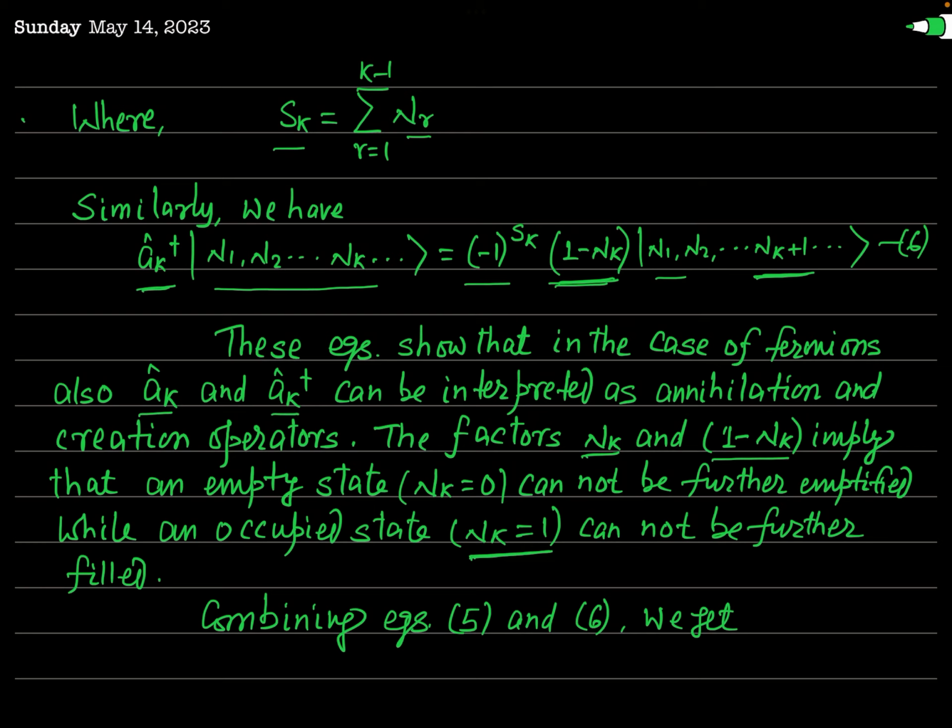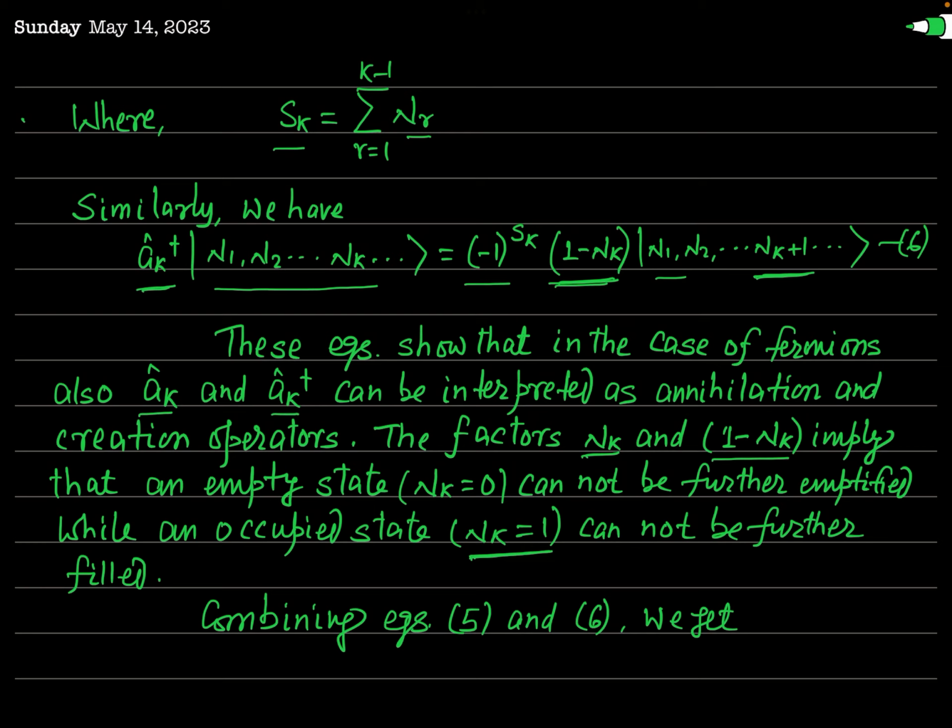And this is the property of fermion, that a quantum state will be either empty or it will contain at most one fermion. Okay. So you can see that this is the basic difference in case of bosons and fermions. In case of bosons, we have seen that nk has a value running from 0 to infinity at a step of 1.